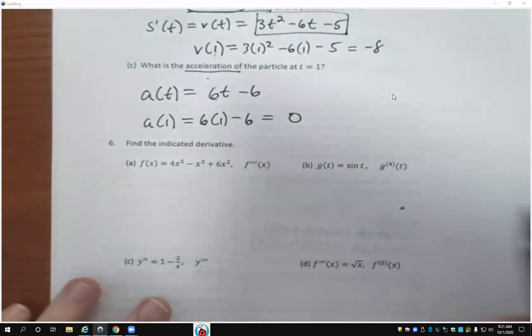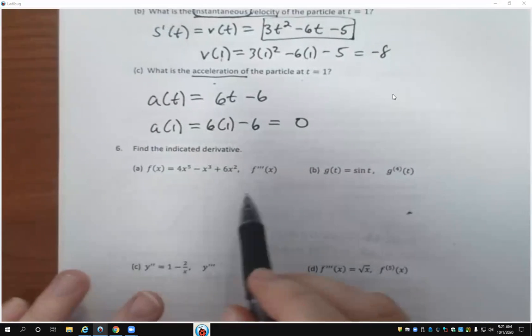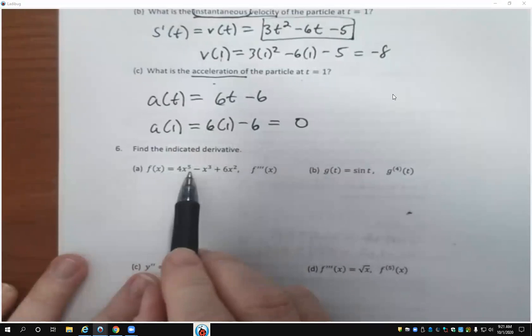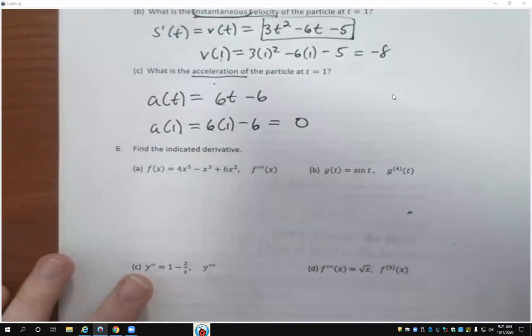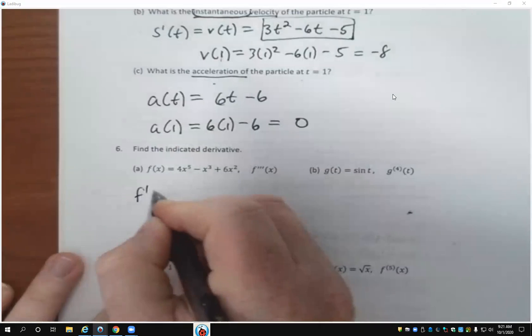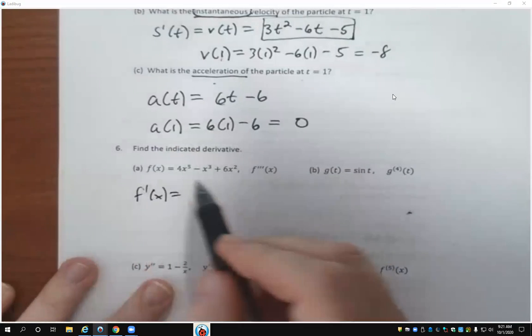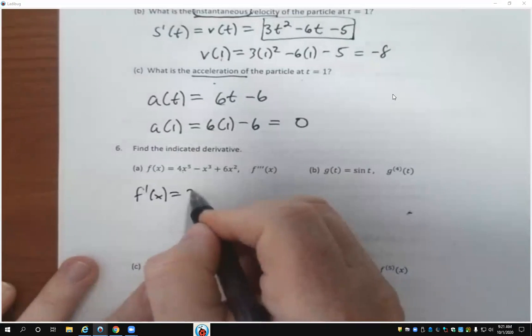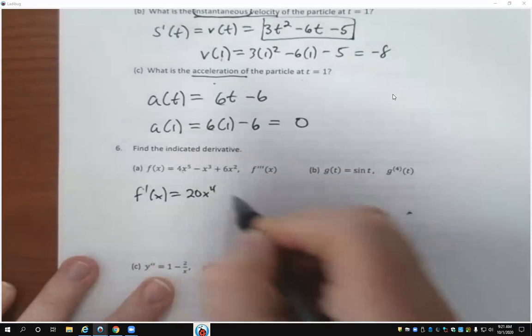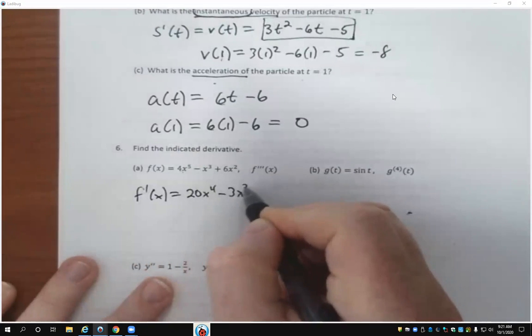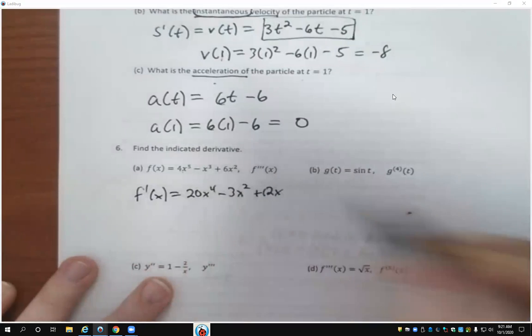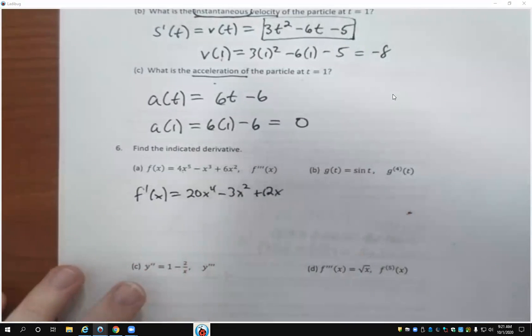All right, let's just look at one or two of these real quick, okay? So we're given f of x is this. We're asked to find f triple prime. So f prime is 20x to the 4th minus 3x squared plus 12x. That's our first derivative.